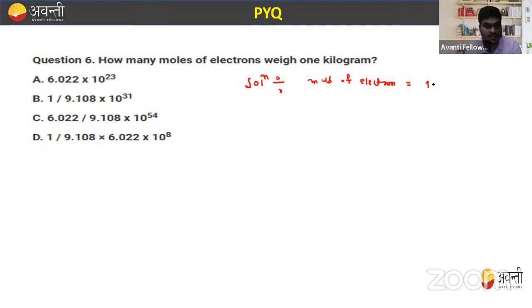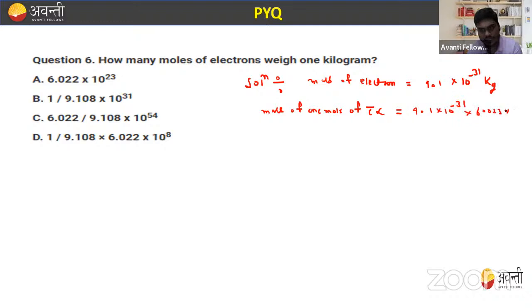The mass of electron is equal to 9.1 into 10 to the power minus 31 kilogram. So this is the mass of electron. Now, the mass of 1 mole of electron is nothing but 9.1 into 10 to the power minus 31 into Avogadro number, that is 6.023 into 10 to the power 23.